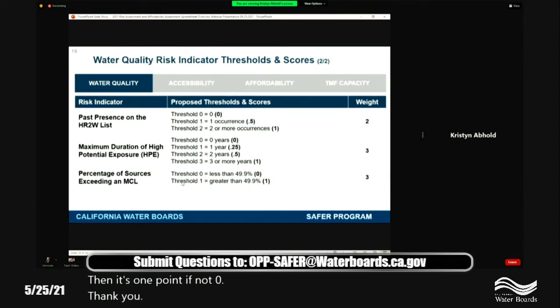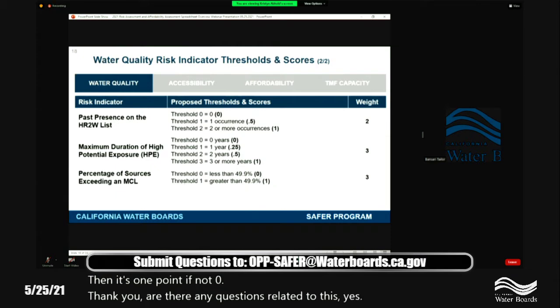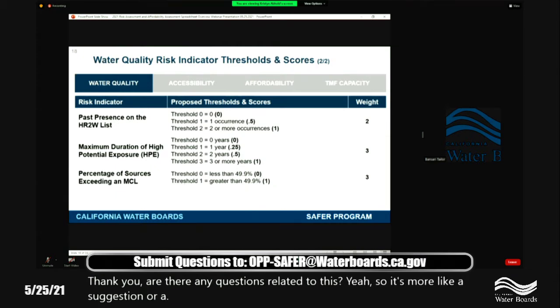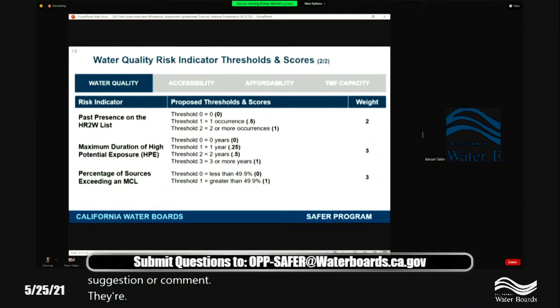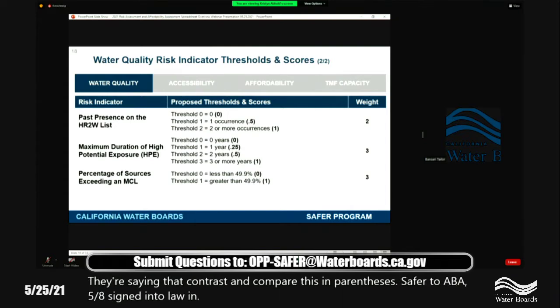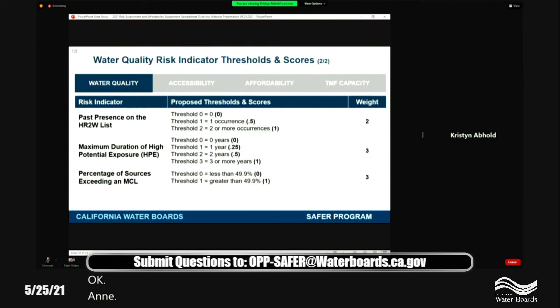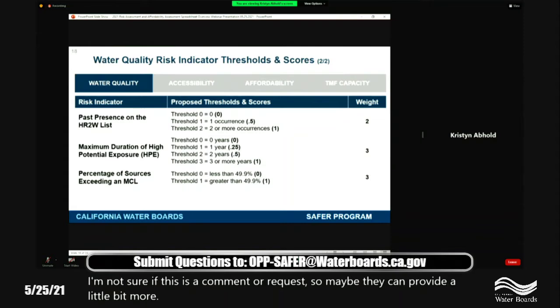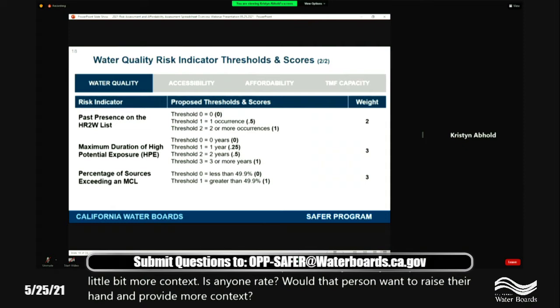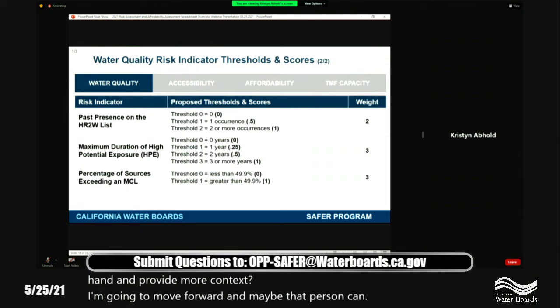Bunser, are there any questions related to these? Yes. So it's more like a suggestion or a comment. They're saying to contrast and compare this, in parentheses, SAFER, to AB 508, signed into law in 2019. Okay. I'm not sure if this is a comment or a request, so maybe they can provide a little bit more context. Would that person want to raise their hand and provide more context? All right, I'm going to move forward, and maybe that person can provide a bit more context on what they're asking for.